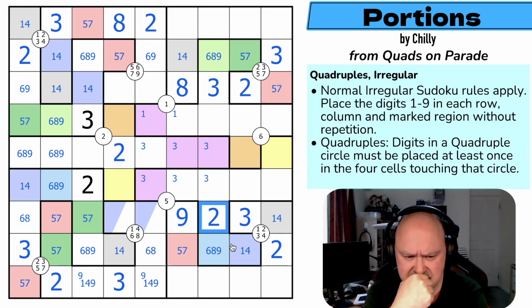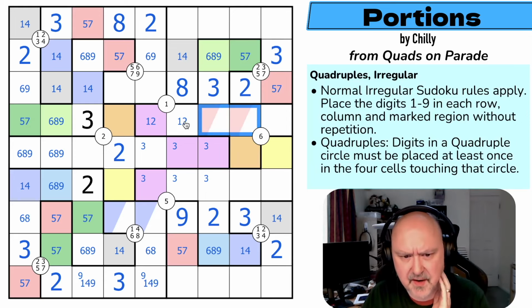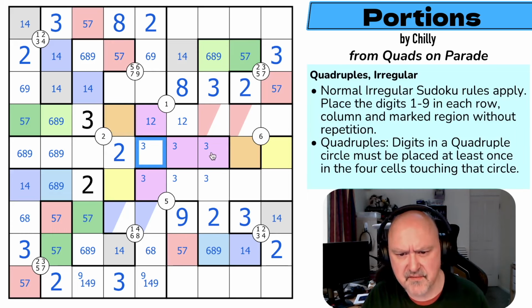So the red 5, 7 can't go in orange, so it's in one of those two. The red 5, 7 is in one of those two, because I can't put it in orange because it would conflict.